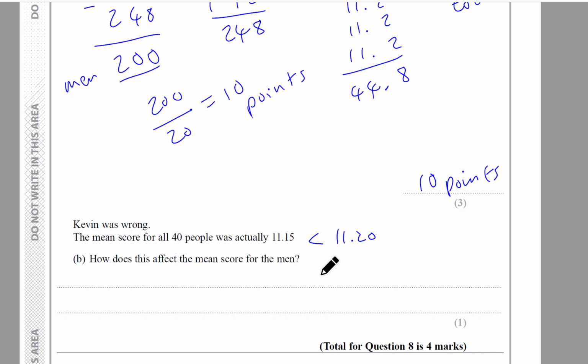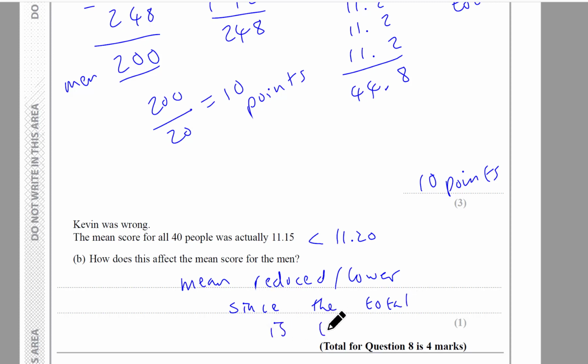So the mean is going to be reduced or lower since the total is lower or reduced. That should make sense to you.